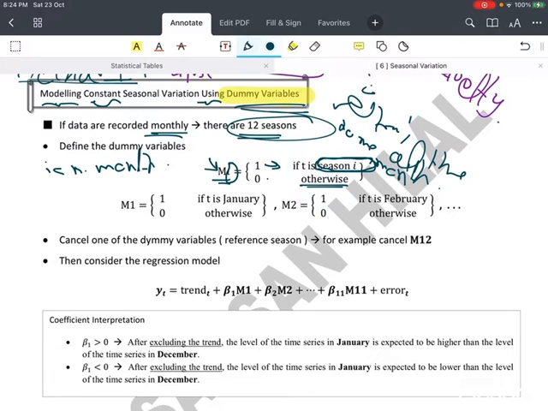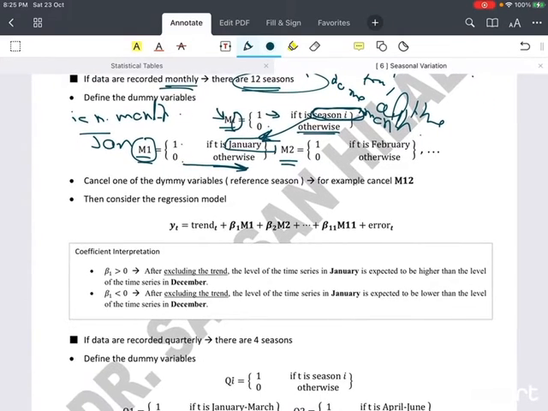So you will see here M1, that means it is January. You write 1, and 0 otherwise, which doesn't change. Then if t is season i, you change it to the name of the month, January. For February you do the same, and for the other months you do the same procedure.